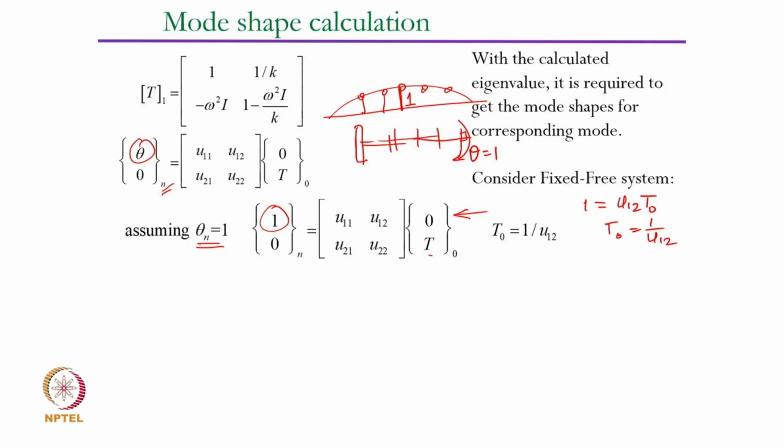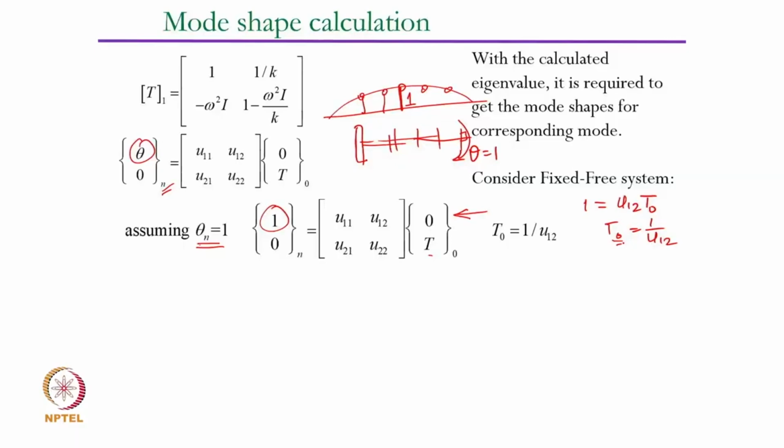Now, please make a note that you have already done the estimation of the eigenvalue. That means you already know what omega is. So, all the values of u12, u22, u21, everything is known. Once the frequency is known, all the transfer matrices are known, and all the elements of the overall transfer matrix are also known. So, you know how much T naught is.